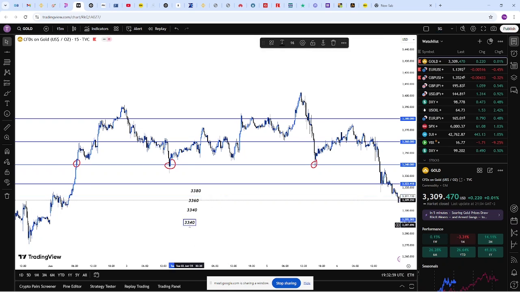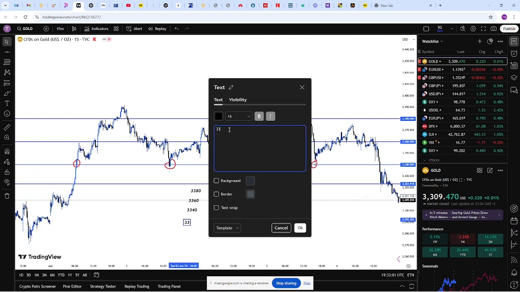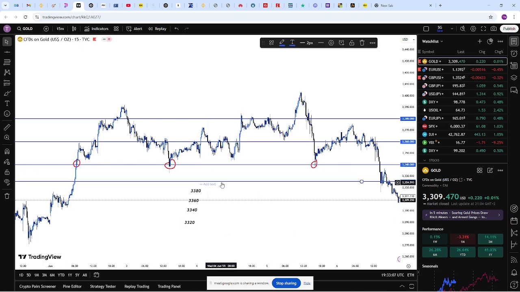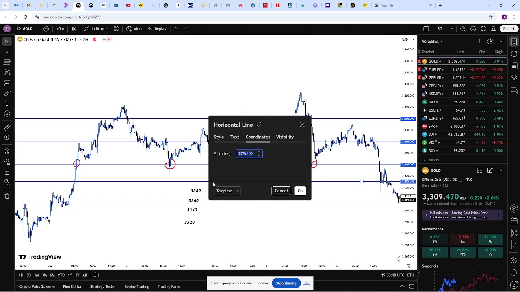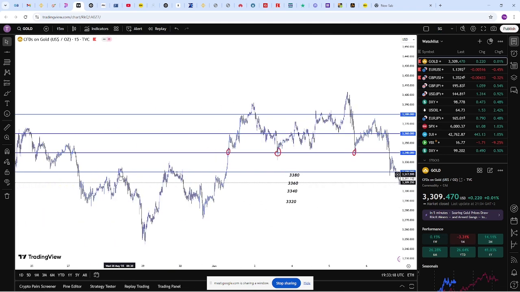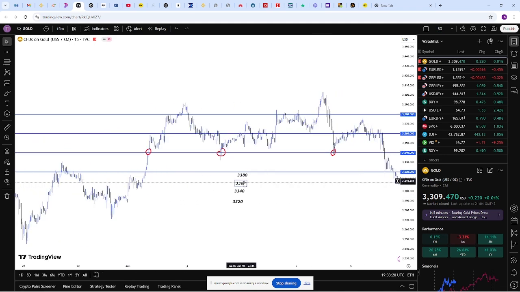Then we look for it. Do we have 3320? You double click on it, come to coordinates, and enter the figure 3320. Then you see, is it sitting on them? Yeah, we have it correctly.